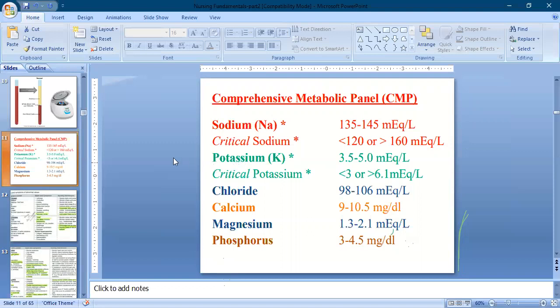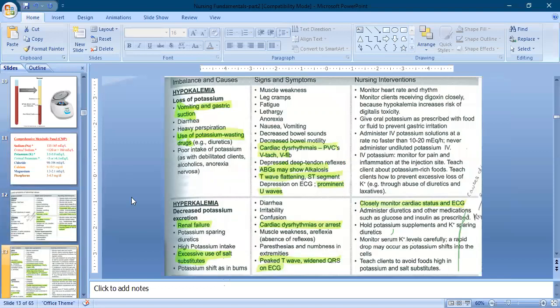So if the potassium level is less than 3.5, it is called hypokalemia. If the potassium level is more than 5, it is called hyperkalemia. It is super important for the NCLEX board. We must know.